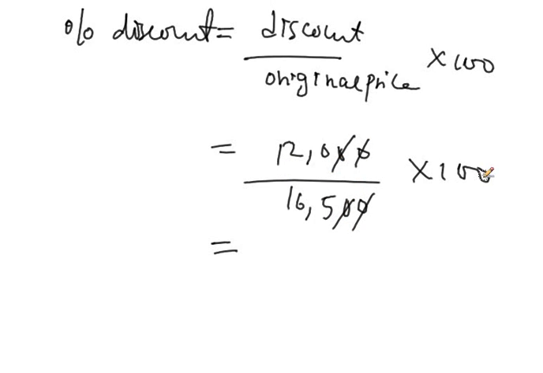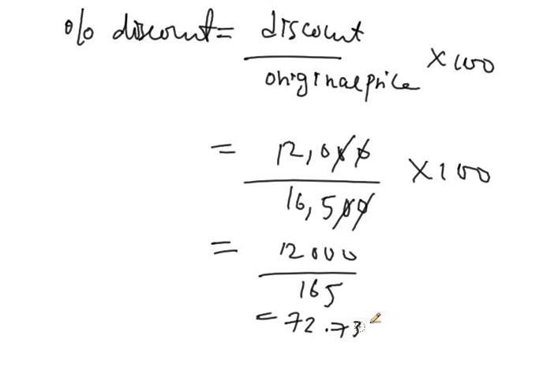So 45 times 100 will give you 4,500, divided by 165. It will give me 27.27%. So this is the percentage discount.